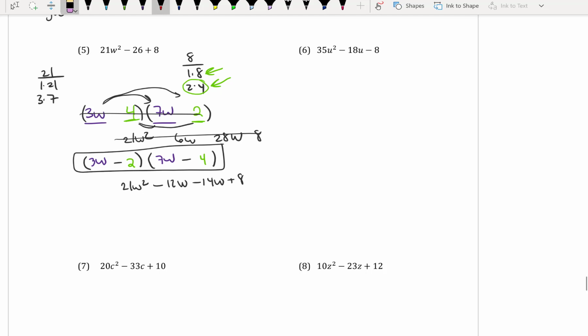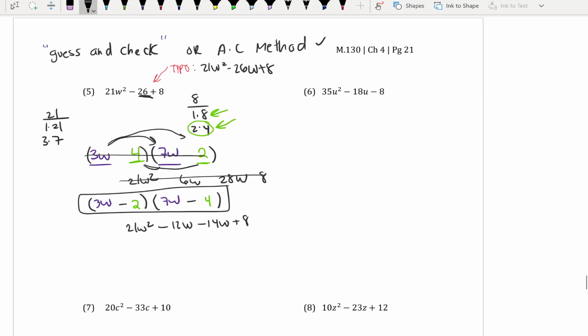And I just noticed that there's a small typo, but it doesn't change any of my work. The typo is that this should really be written as a 21W squared minus 26W plus 8. So this term is just missing the W, okay? But it doesn't change any of my work.